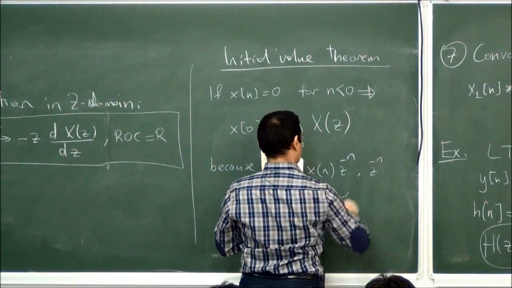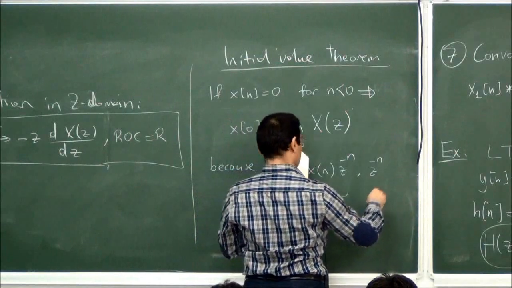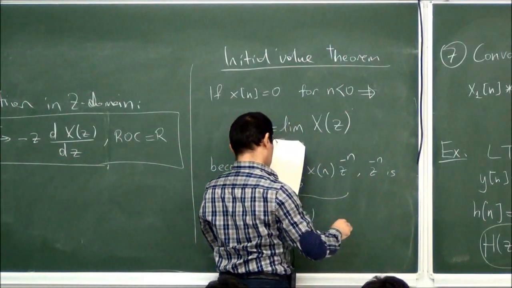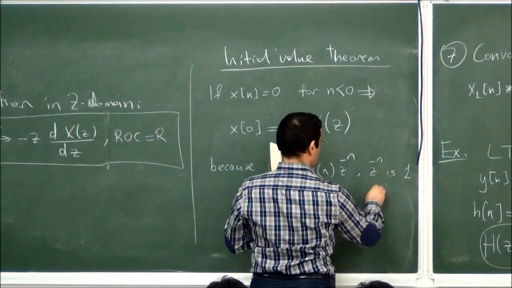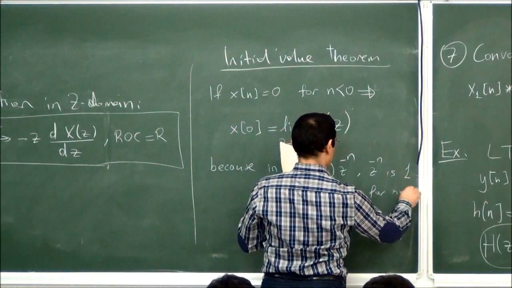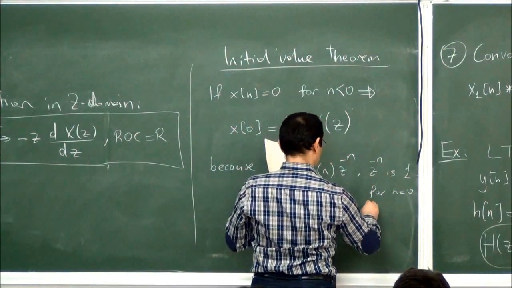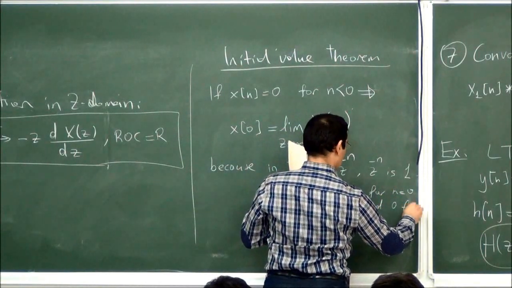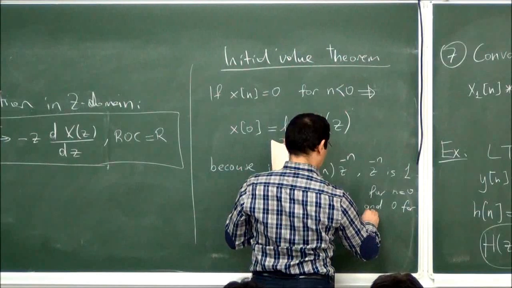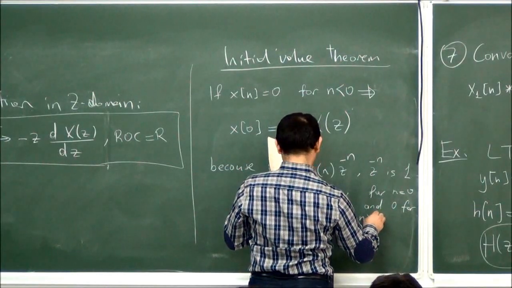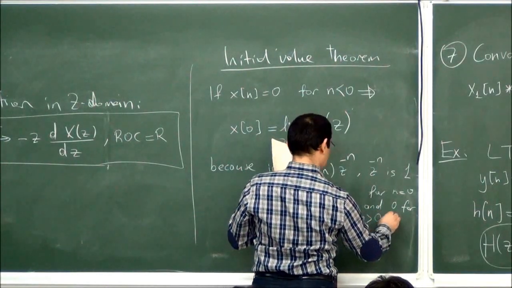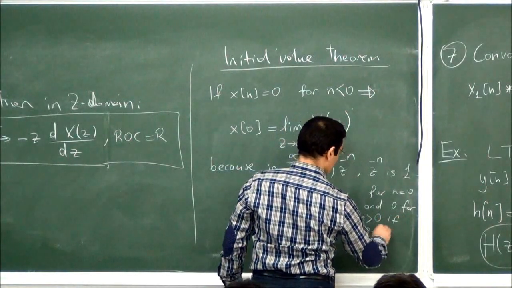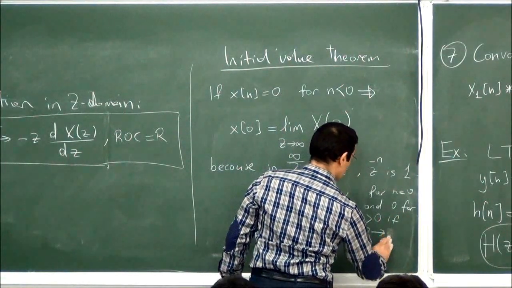So z to the minus n is 1 for n equal to 0, and z to the minus n is 0 for n greater than 0 if z approaches infinity.